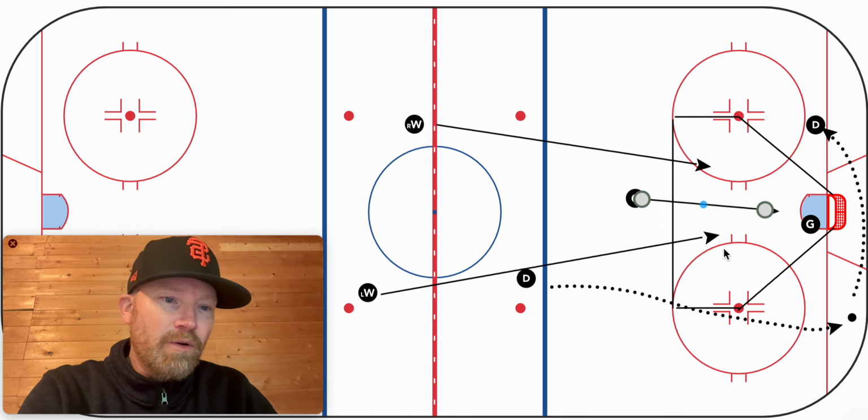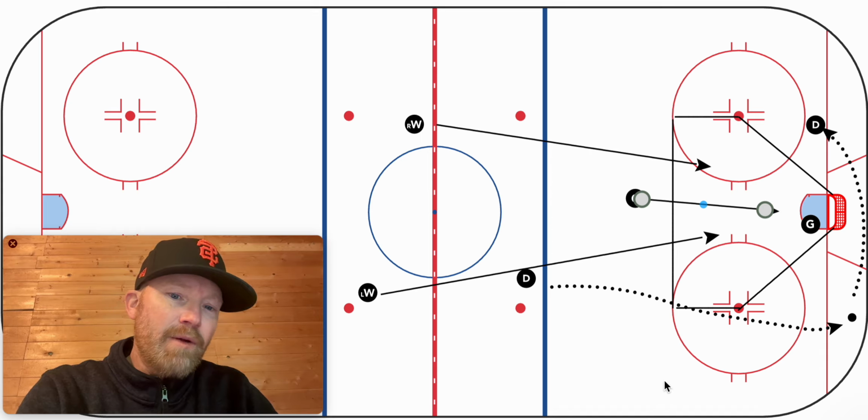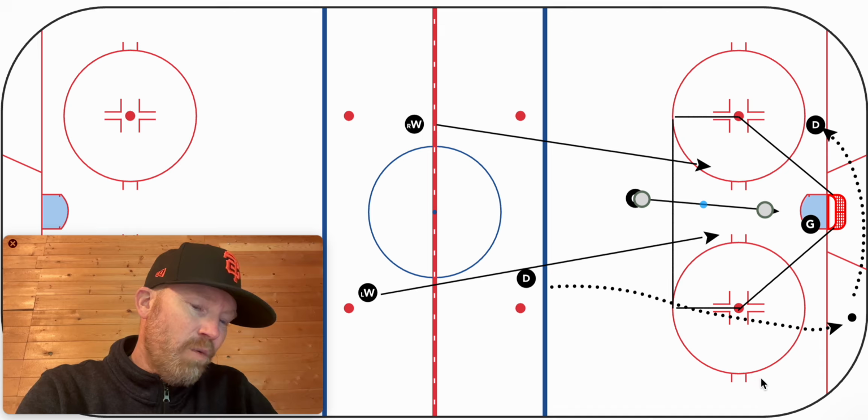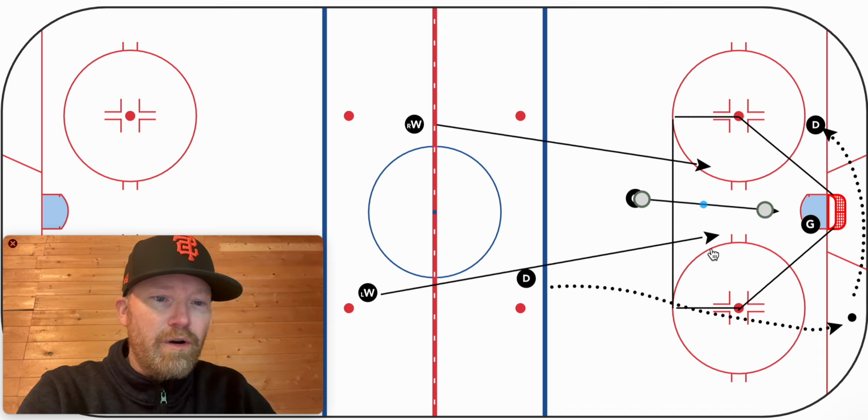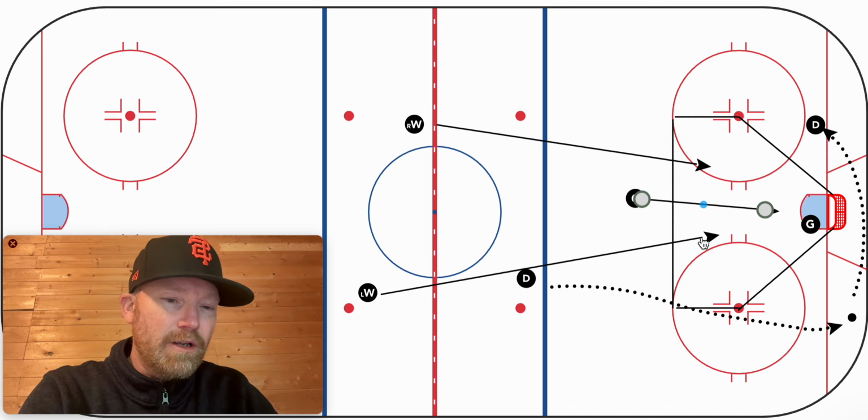Where this breaks down a lot is when these forwards take a bad route back. They'll take a route where they come way over here to the wall and they're standing here, and then we turn the puck over in the corner and no one's protecting the house. So it's really important that our forwards are always back checking to the middle of the ice, getting back to that house.